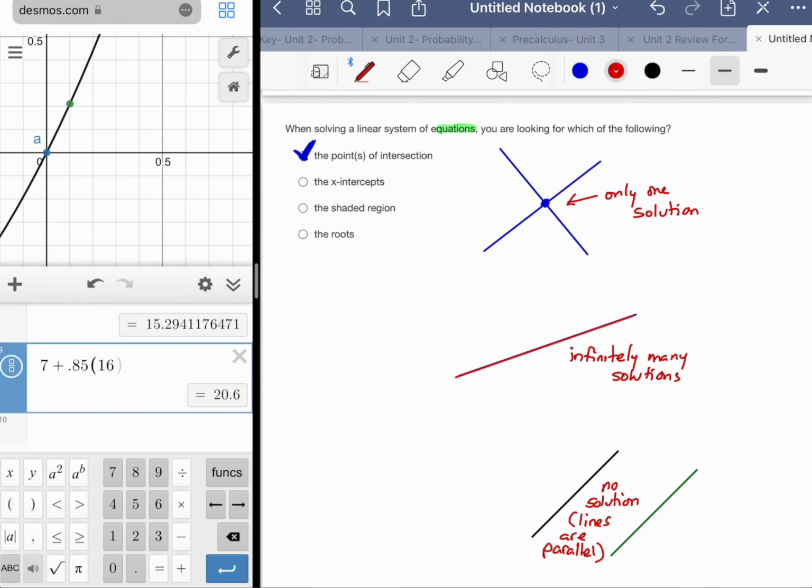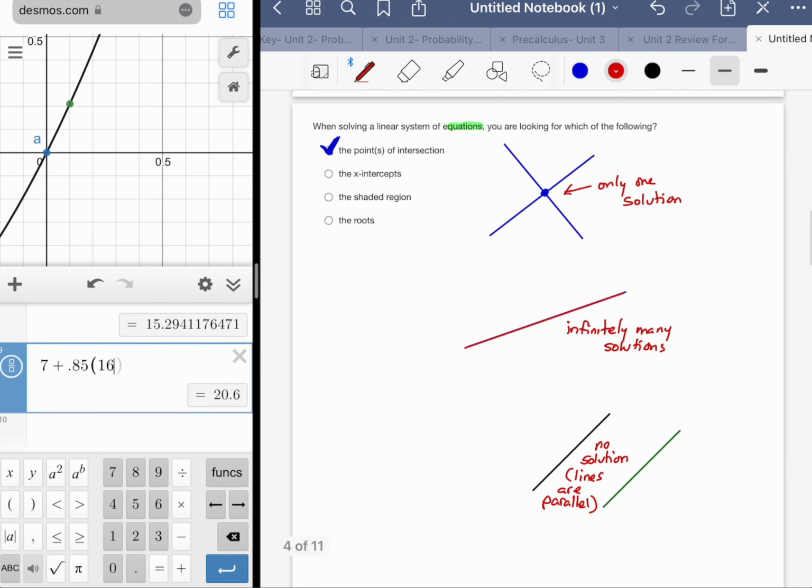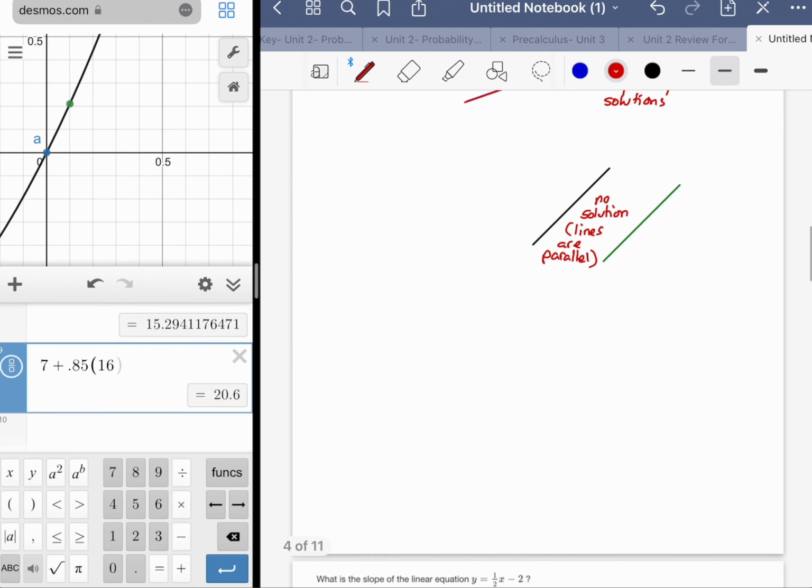Two lines that never intersect with each other are known as parallel. They maintain the same distance from one another. So a multiple choice question that says, for example, when solving a linear system of equations, which of the following scenarios would give you no solution? The correct answer would be that the lines are parallel to one another.